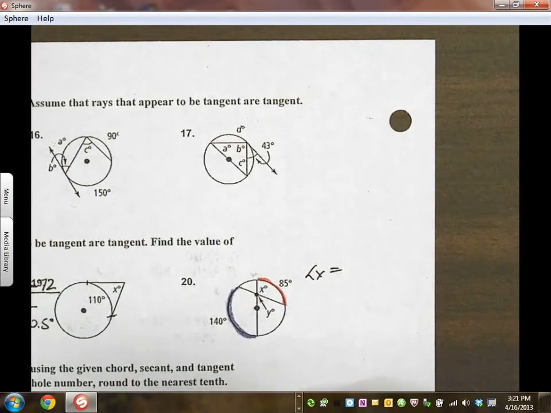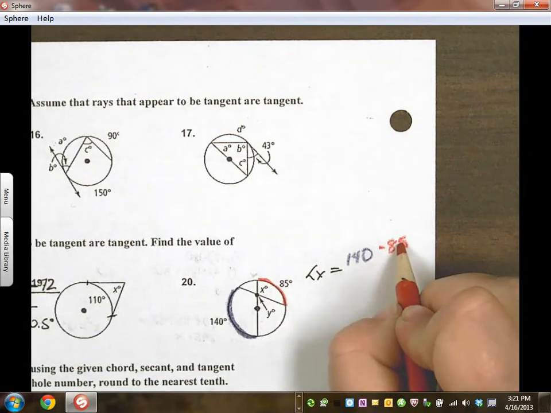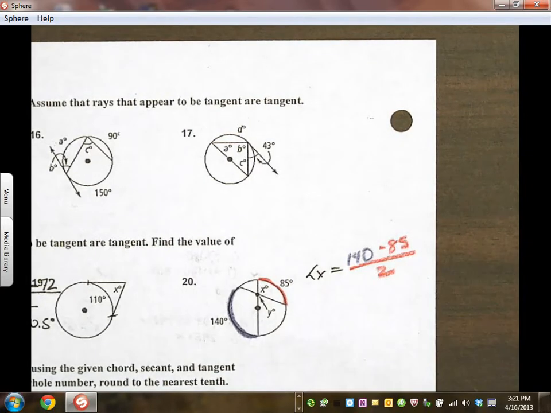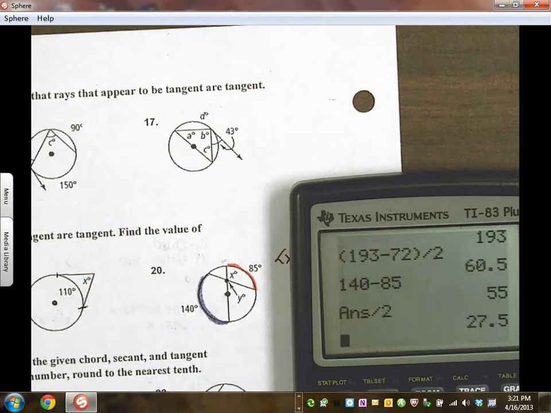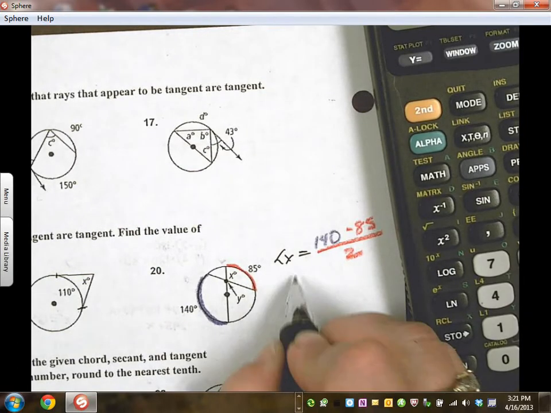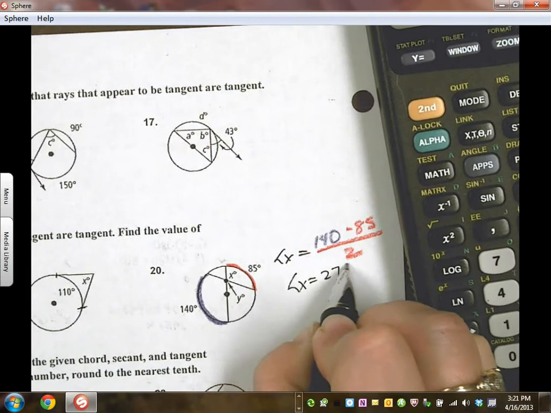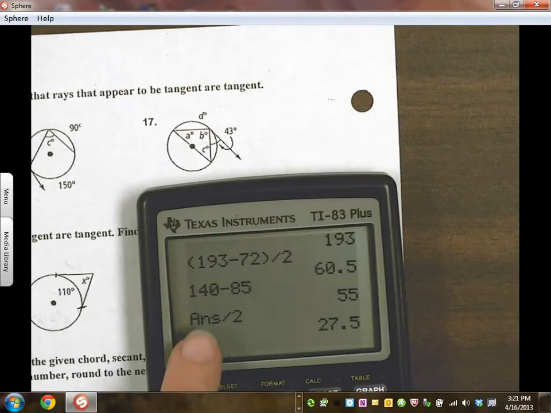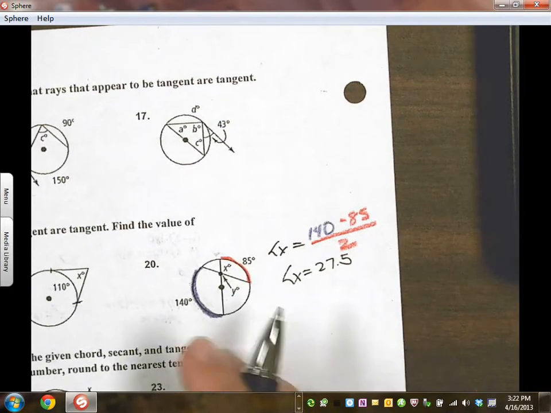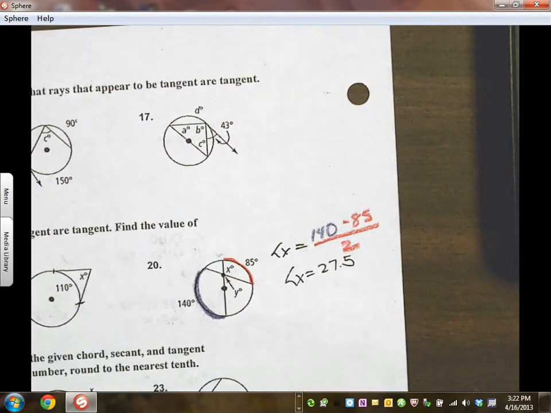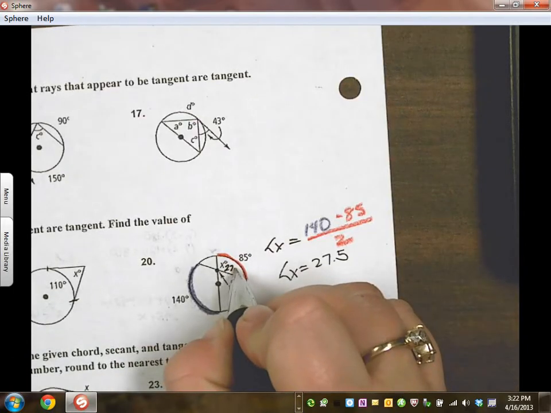So we're going to take 140 and we're going to subtract 85 and then divide by 2. So the answer is 27.5. Now, I don't know if any of you noticed, I just did the subtraction, found my answer 55, and then divided it in half. So if you don't like using parentheses, you can always just do it that way as well. So I know this angle right here is 27.5.